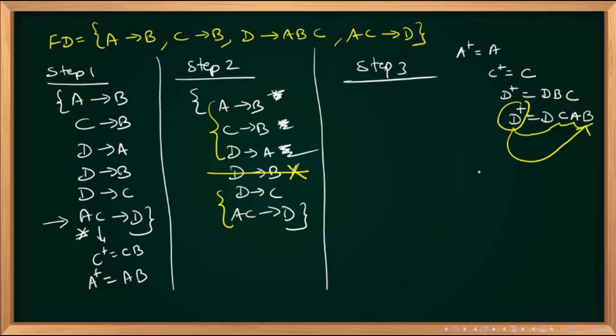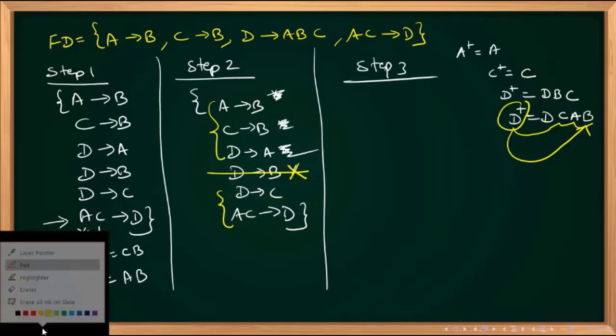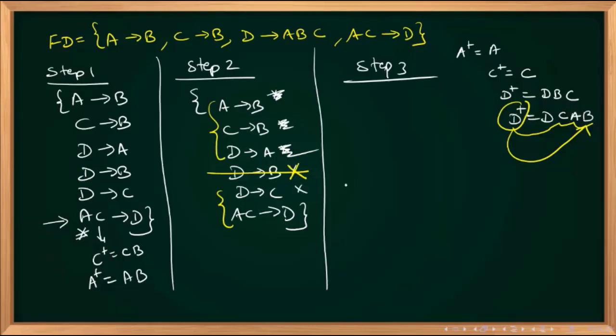Now can I remove D to C? Assume that D to C is removed. Take the D closure. Can I get C? This is removed, so you don't consider this one. In the remaining, can I get C? So D, A. D closure: D, A, B, since A gives B. That's all, no?